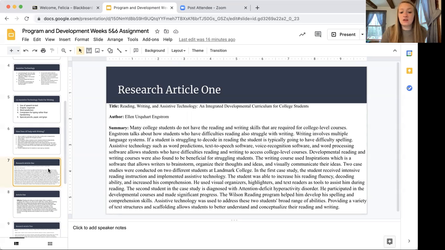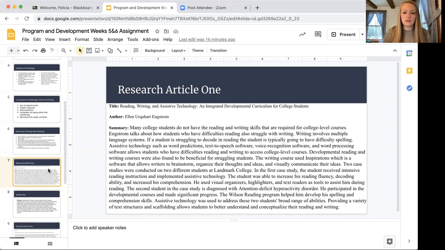Both students were enrolled in Wilson reading programs, which helped with their reading, which also helps with their writing. One of the students, his spelling increased tremendously, which also made writing much easier for him. So they were able to make tremendous progress through using the assistive technology and these new courses.